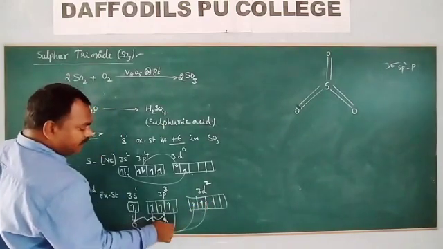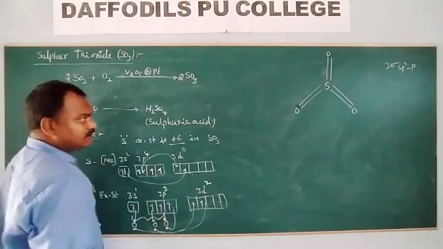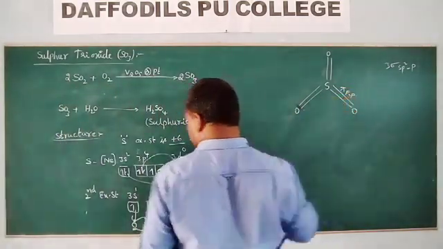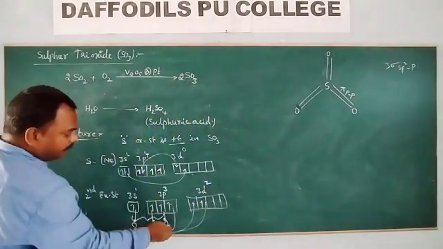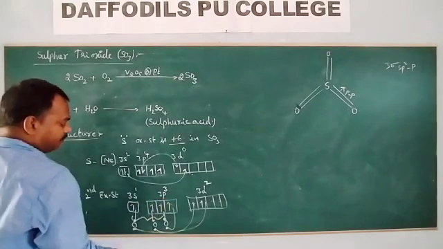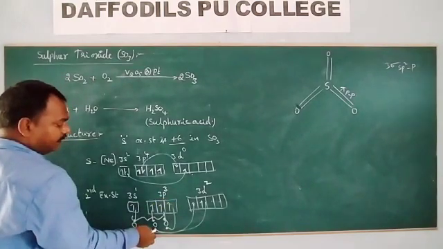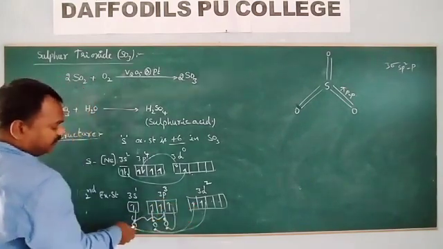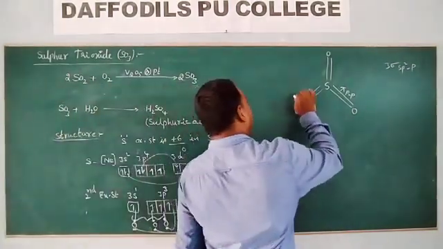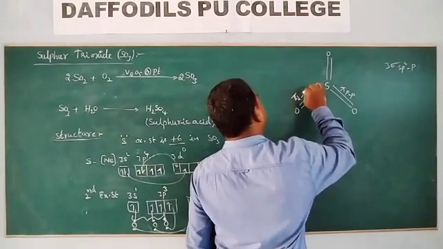This is a pi pp bond, oxygen p orbital and sulfur p orbital. This is oxygen p orbital, sulfur d orbital. This is oxygen p orbital, sulfur d orbital. So these are pi bonds.